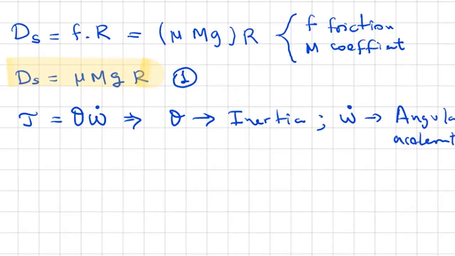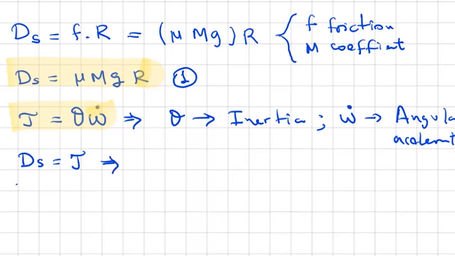By definition, we have this equation as well, because when a body is rotating about an axis of symmetry, it gets torque, right? And the definition is this one. So this term is equal to this, because both equations are representing the torque of the ball around the center of mass. So ds is going to be equal to tau.